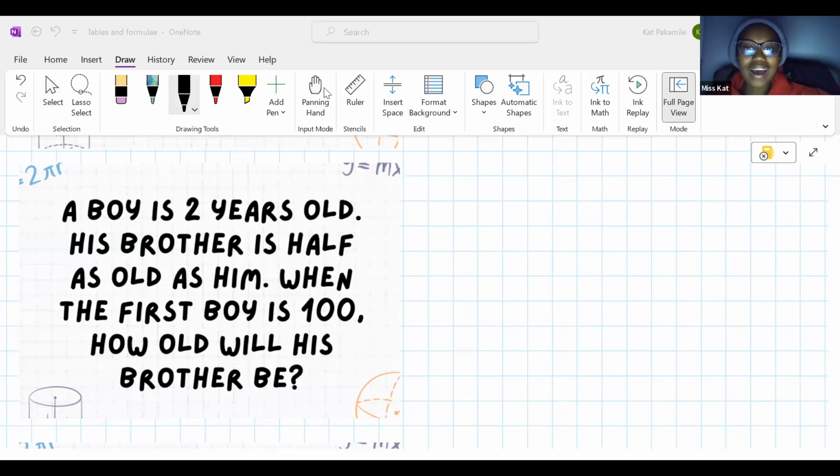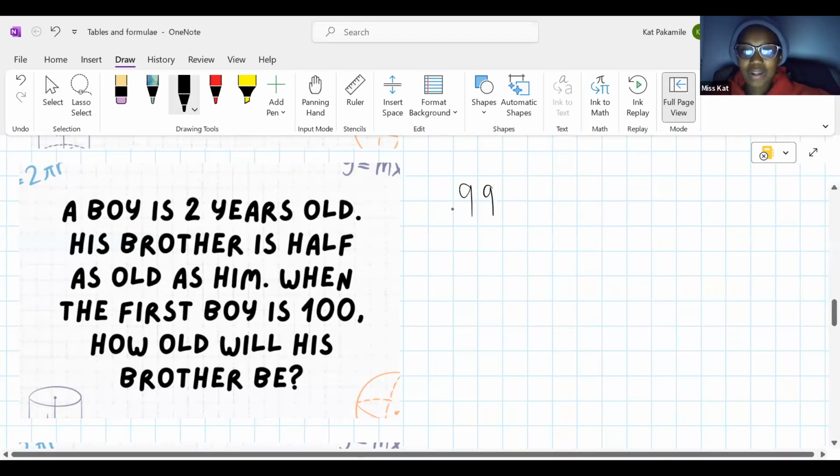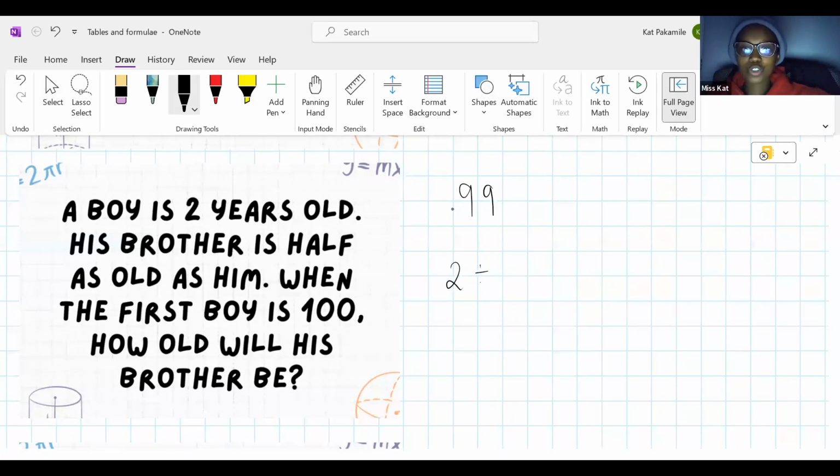Mulimo, you must know. I think it's 98 years old. Oh, you're so close. It's 99. Because if the brother is 2 and this one is half, half of 2 is 1, isn't it? Oh yes, ma'am. So the brother is only 1 year younger. So if the other one is 100, this one will be 99.